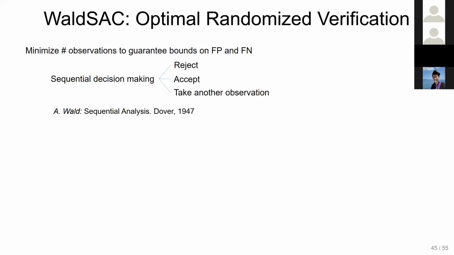So with sequential decision making, after each observation, you can either reject the hypothesis of the model or accept, or you may decide to take another observation because you cannot make either of the previous decisions while satisfying the bounds on false positives and false negatives.